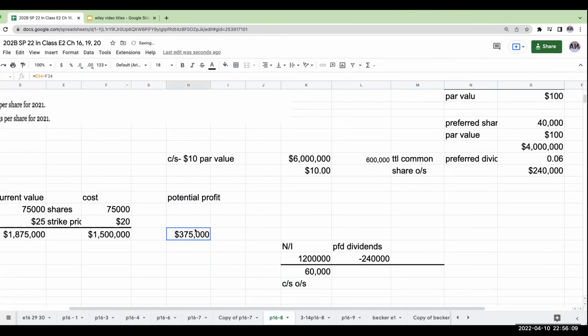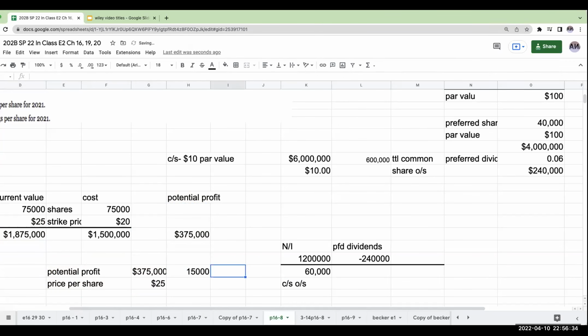In order to find out what this would be in terms of shares, the real question is, if my potential profit from the exercise of these options is 375,000, how many shares would this equal? Well, what I could buy it for in the open market would be $25 per share.